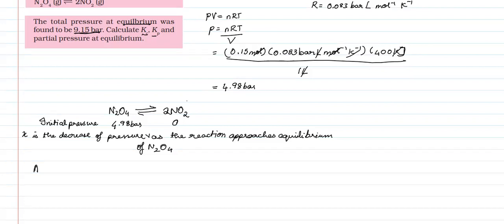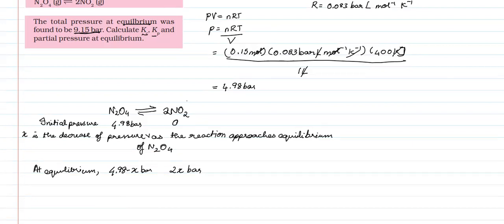So at equilibrium, our pressure of N2O4 is going to be 4.98 minus X. On the other hand, for NO2 it is going to be 2X bar, because we use the stoichiometric coefficient.